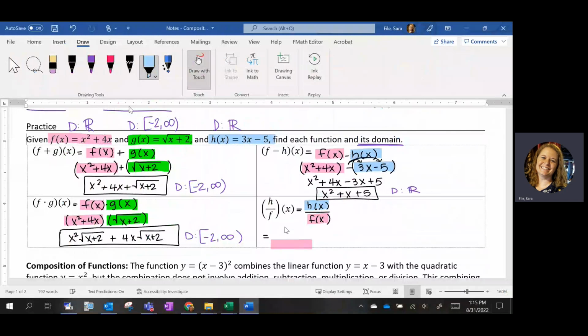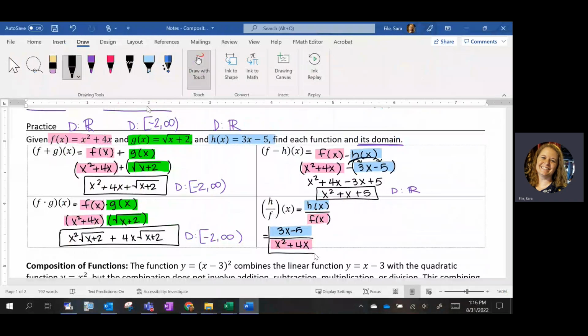H of x is in the numerator. So that is 3x minus 5 over x squared plus 4x. So what type of function has this created? Rational. You've got x in the denominator.